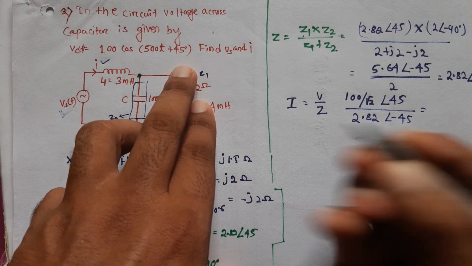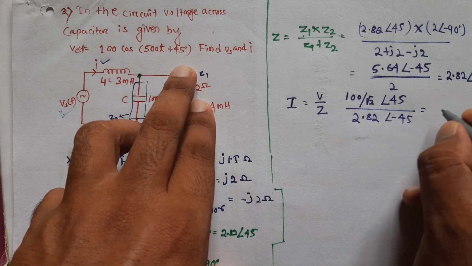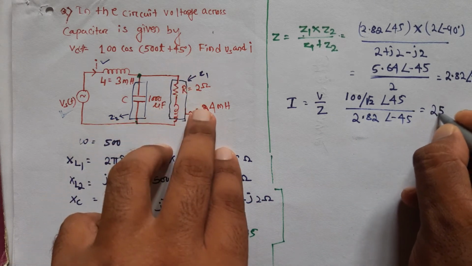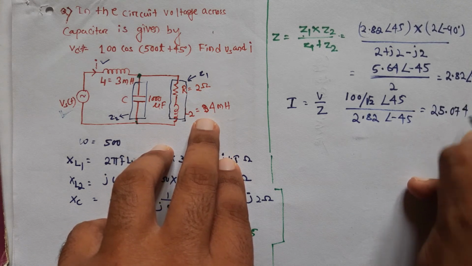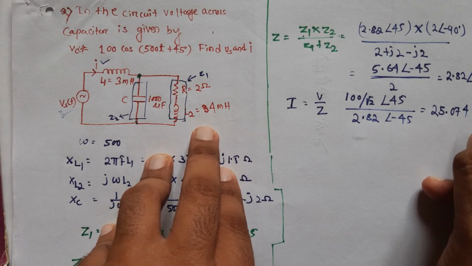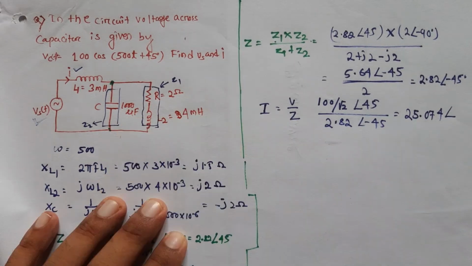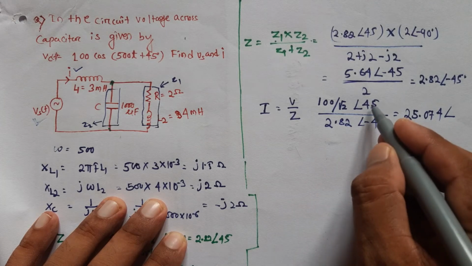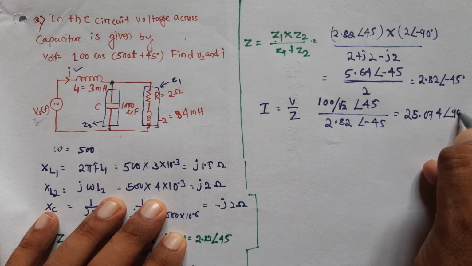So we got the final value 25.074 angle 90 degrees, since 45 minus of minus 45 is 90 degrees.